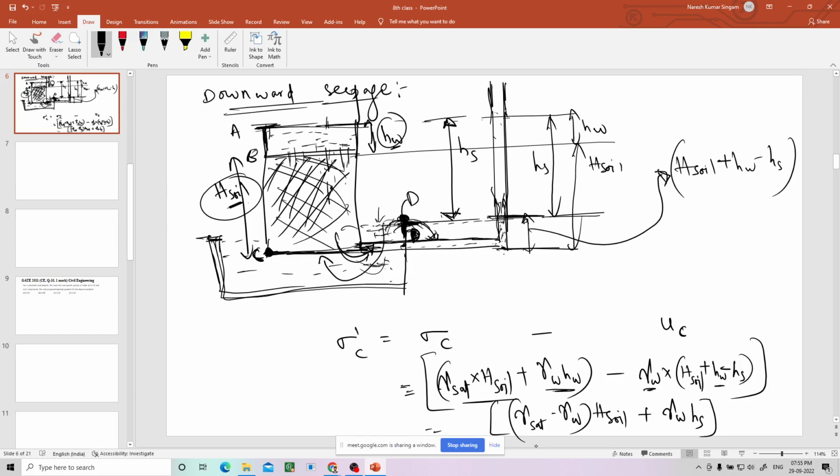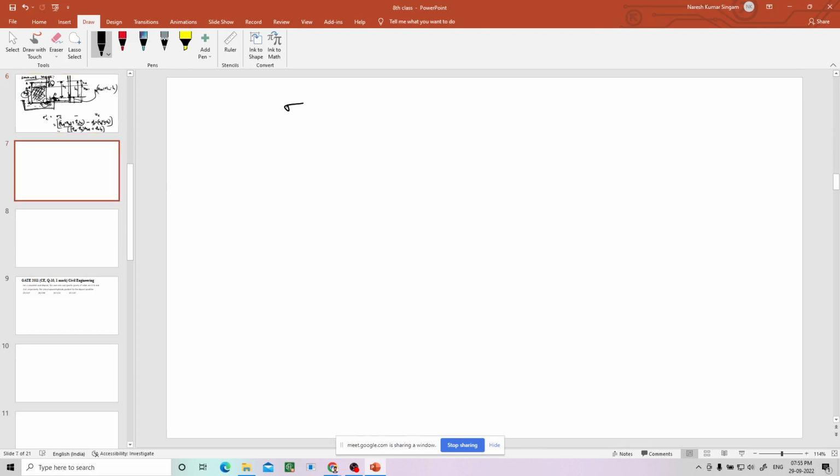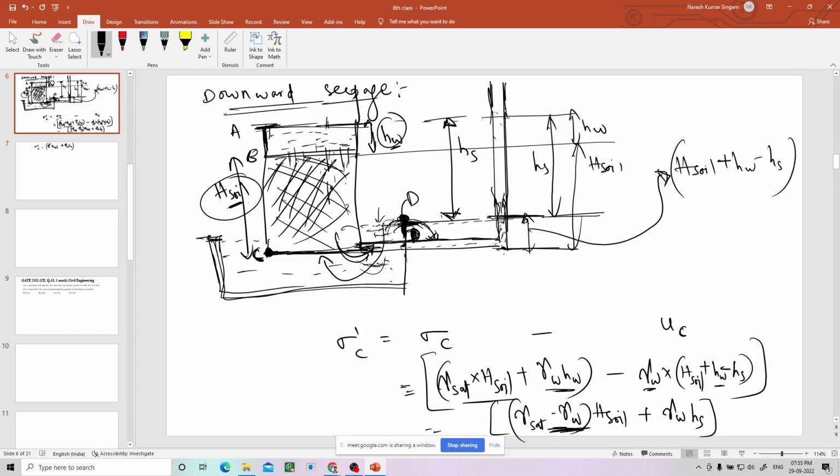In the next slide, it is gamma submerged into H soil plus gamma W into HS. This is gamma dash into H soil plus gamma W into HS.